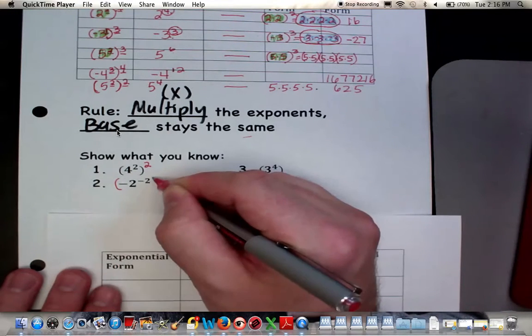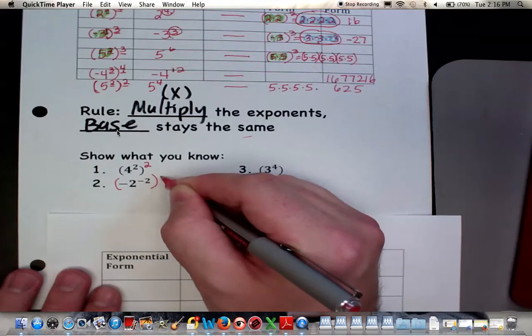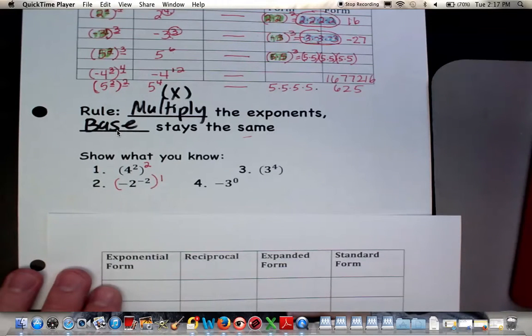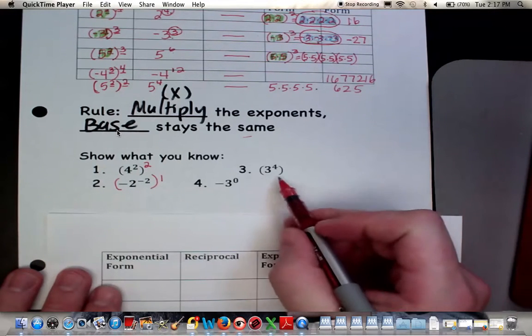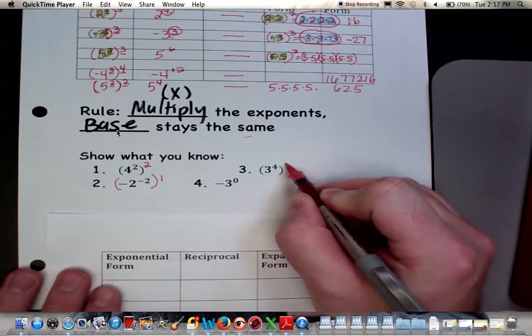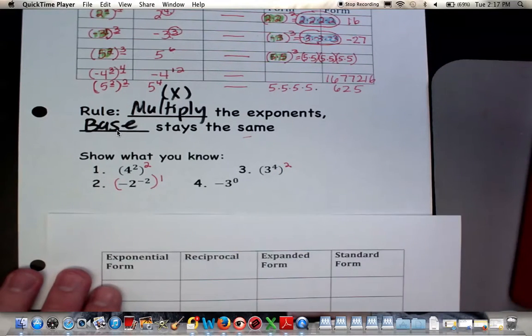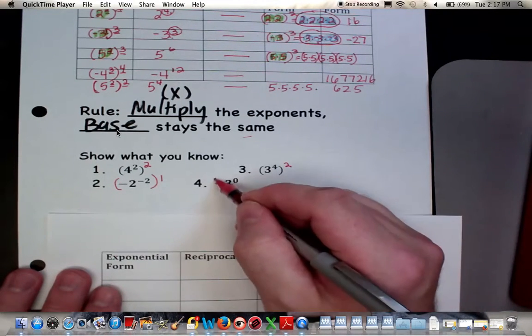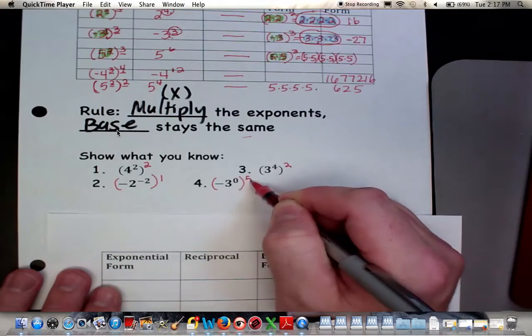Then negative 2 raised to the negative 2, times 1 to the 1st power. Then 3 to the 4th power to the 2nd. And then negative 3 to the 0 power to the 5th power.